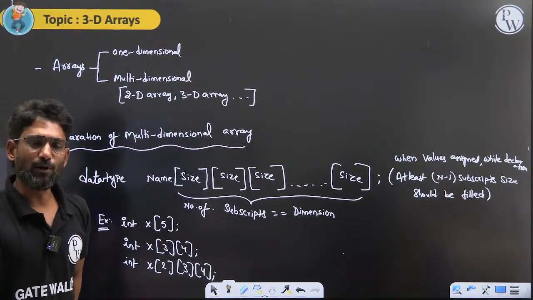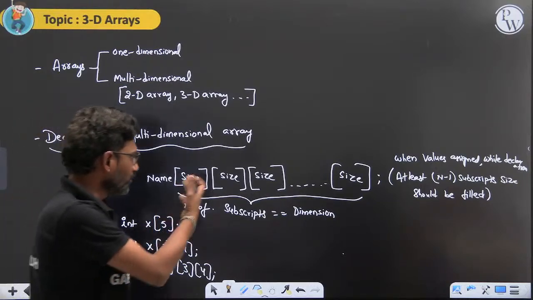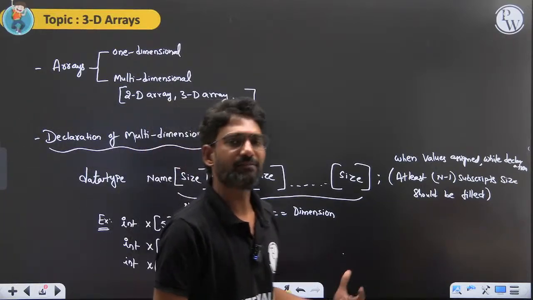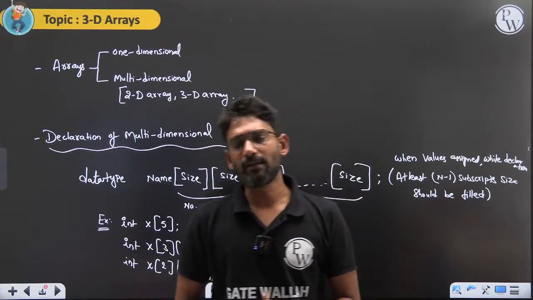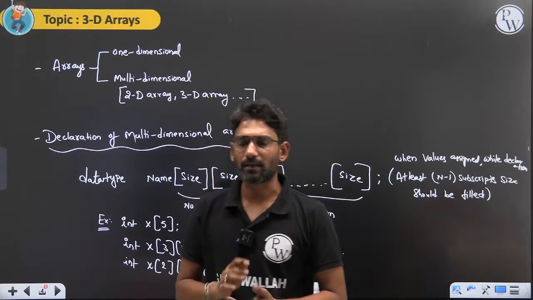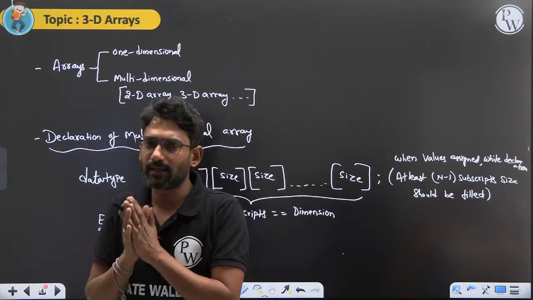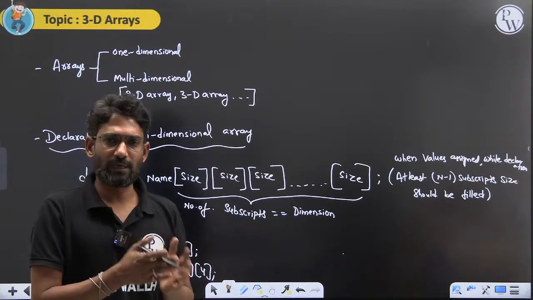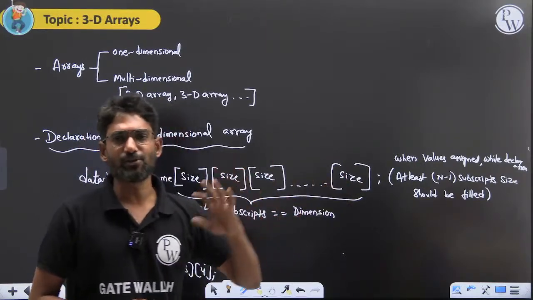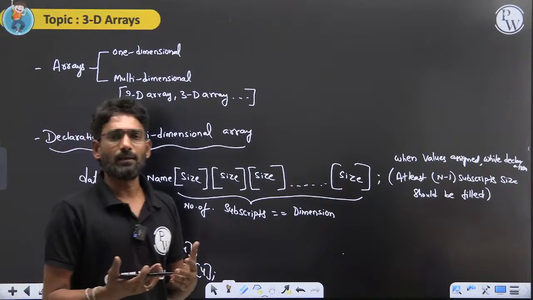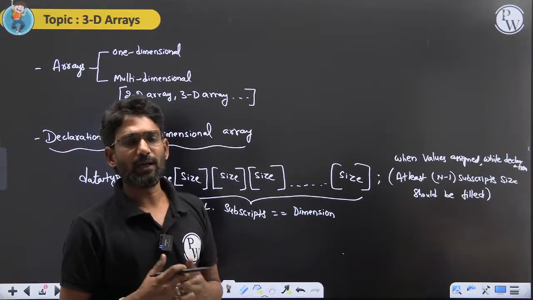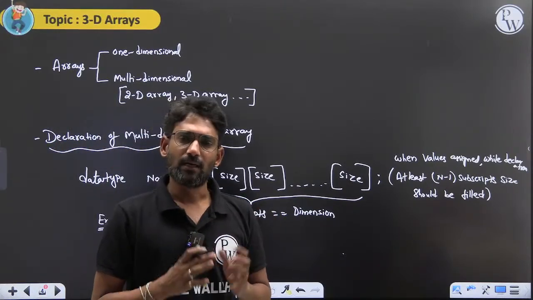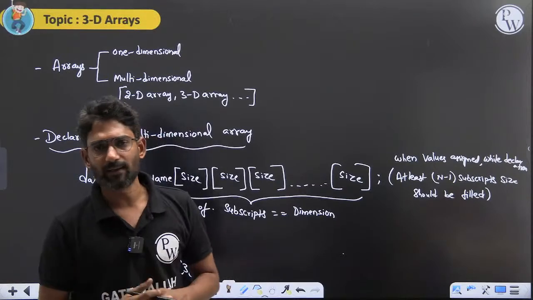So at the time of compilation, if you do not mention the size in every dimension, the array will be having a question mark. How much memory I should allocate for this array? If you give properly all the dimensions size, then the compiler will be knowing how many elements are there. Accordingly, the memory will be allocated.